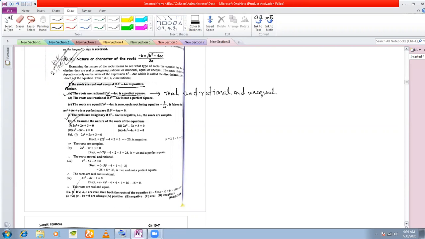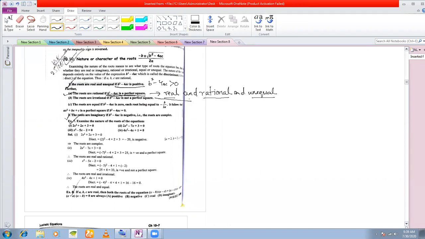If b square minus 4ac is greater than 0, and also if b square minus 4ac is a perfect square, then we say that the roots are real, rational, and unequal.